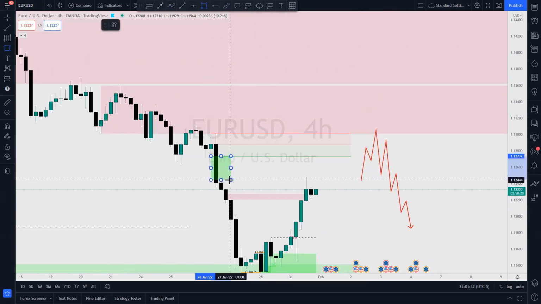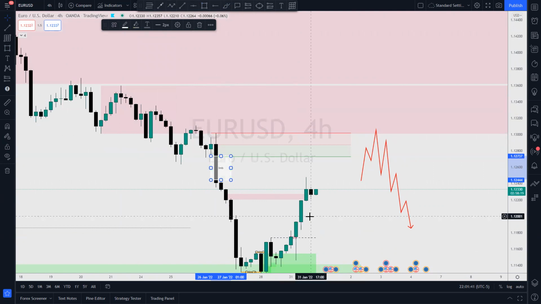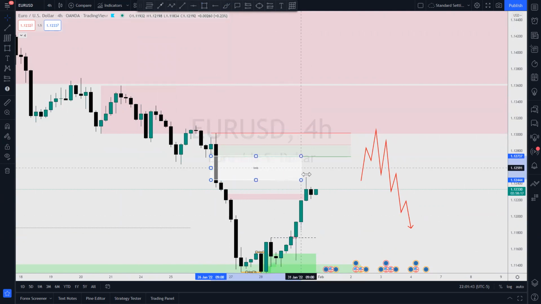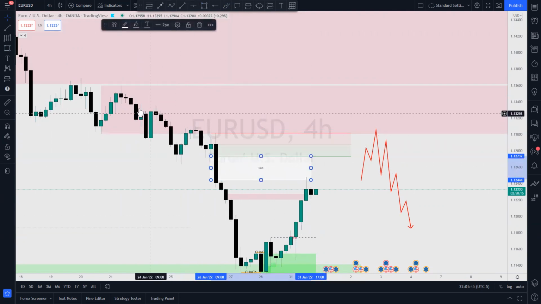I'm looking here first because, up to this point, between this wick and that wick, there is imbalance. And price likes to move efficiently. What you see here is the efficient move of price. It comes down, then comes back up to fill in the inefficiency of this move.